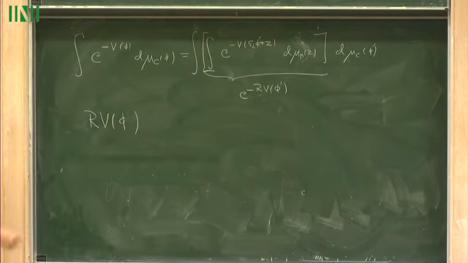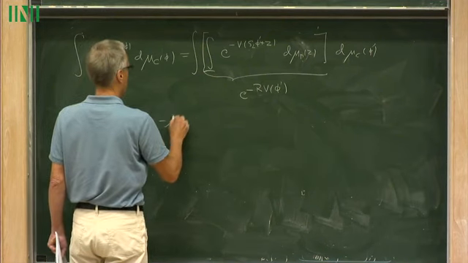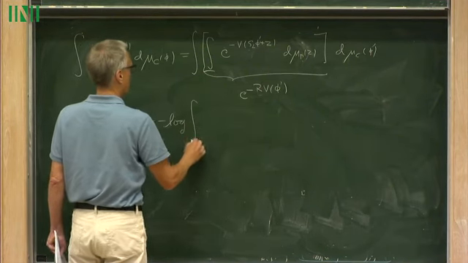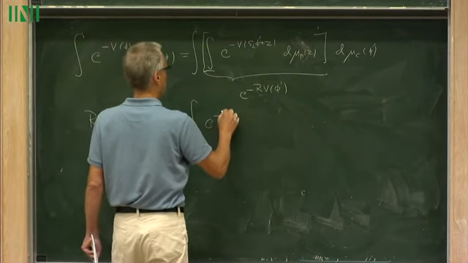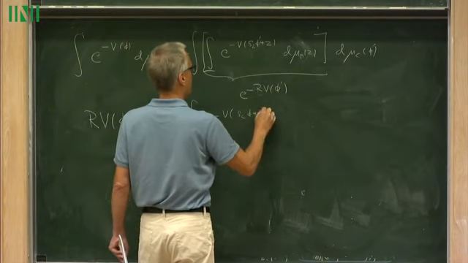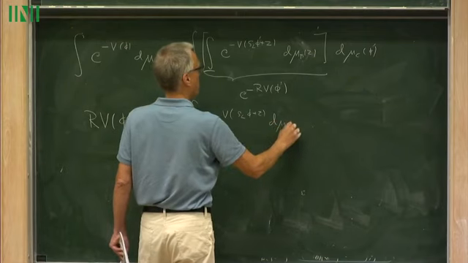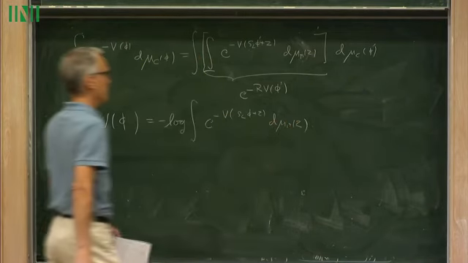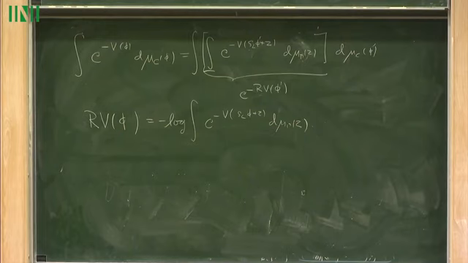It's a dummy variable. It is minus log integral e to the minus v of SL of phi plus z d mu gamma z. Okay.